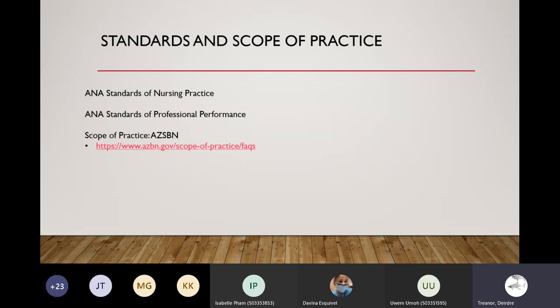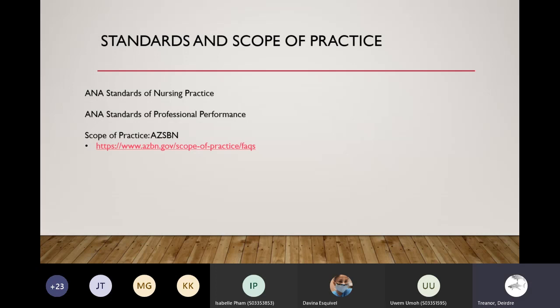Professional practice evaluation, so you evaluate your own practice in relation to the standards. Resources, that you use appropriate resources, and then environmental health, so you help keep the environment as healthy as possible.